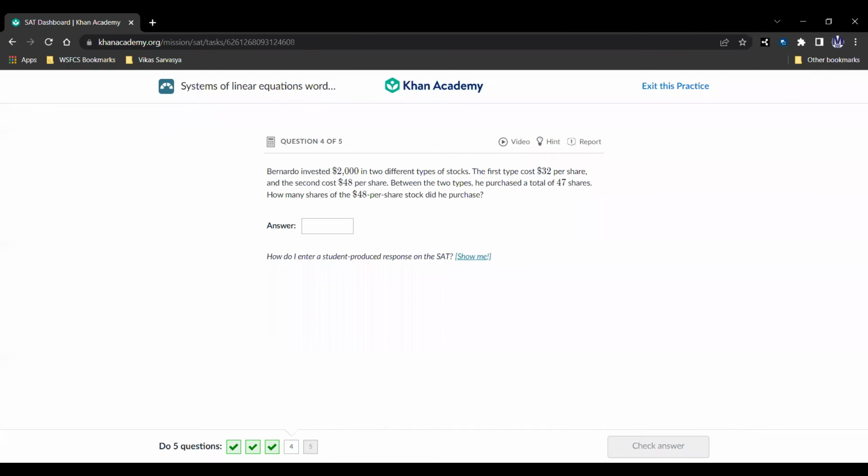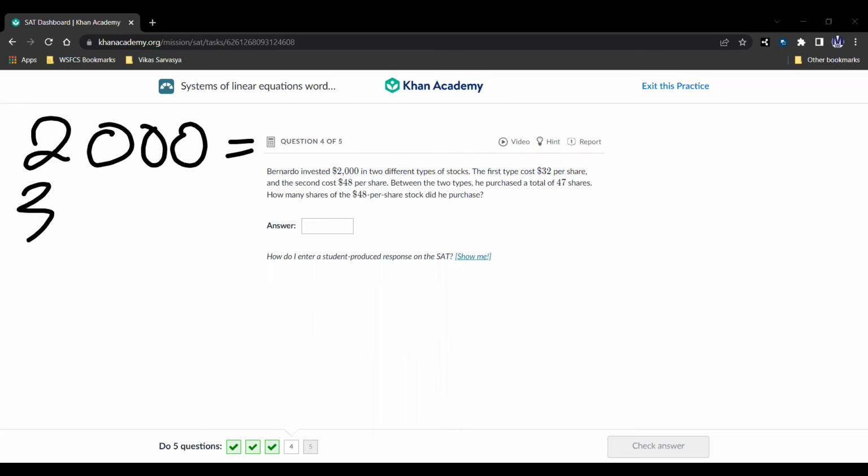This seems like another question where we can do the same thing. So we have $2,000 total, and the first type is $32, the second type is $48, and there's a total of 47 shares. So we can say the first type is F and the second type is S. So the $2,000 is the total money, which equals 32 times the first type plus 48 times the second type.